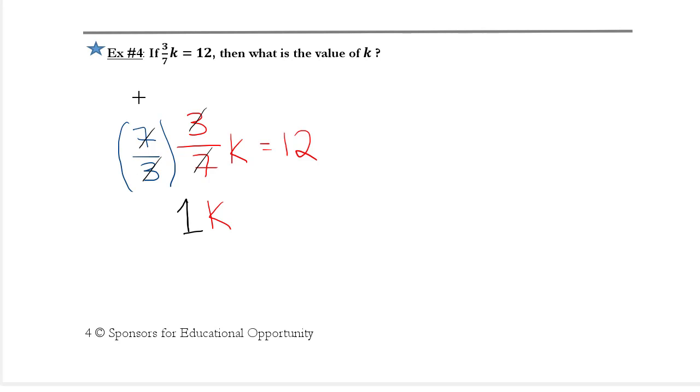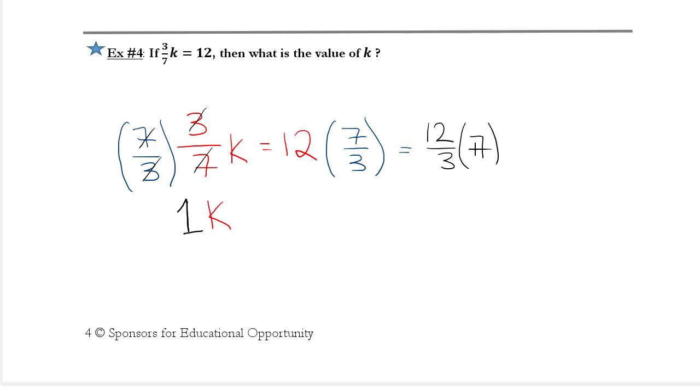Now, of course, if I multiply one side of the equation by 7/3, I need to do the same thing to the other side. And I say, oh boy, I might need a calculator here. What's 12 times 7? Oh, it's 84 divided by 3. I don't know what that is. Well, as we saw in an earlier problem, I can also rewrite 12 times 7/3 as 12/3 times 7.